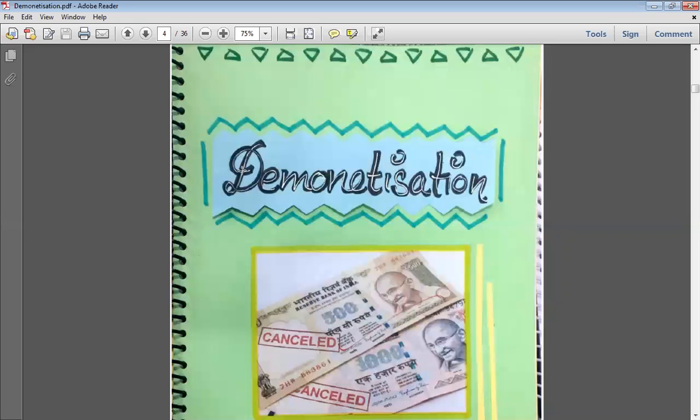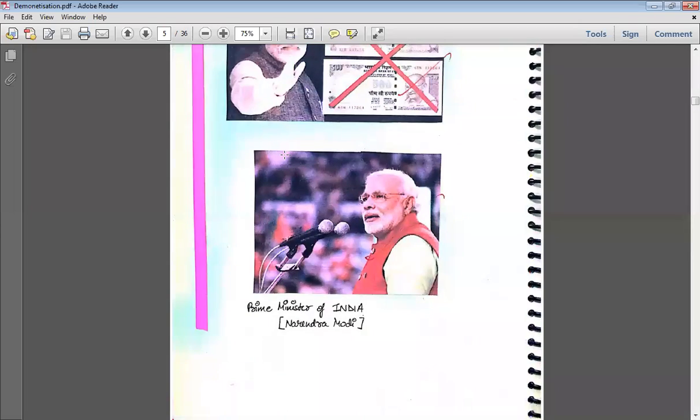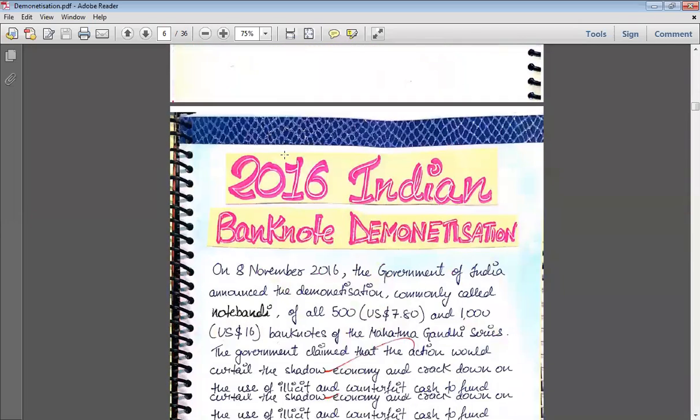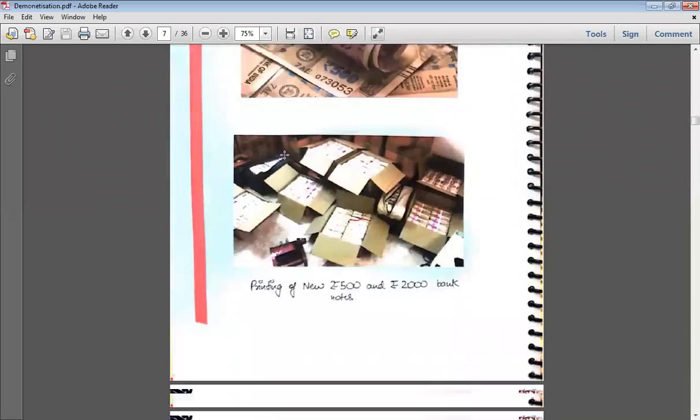Do you all remember what demonetization means? Yes, sir. Currency: they cancel the old currency and introduce new currency, right? And that we call demonetization. So she has taken that topic, and she has done this project.